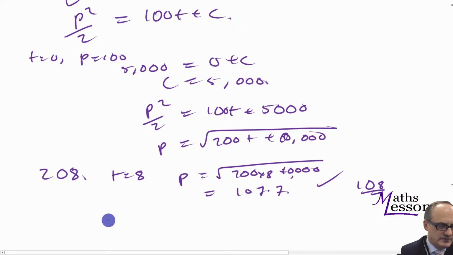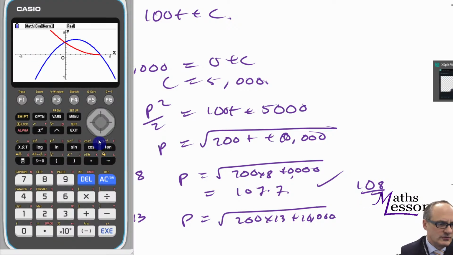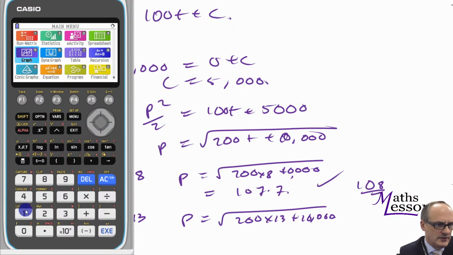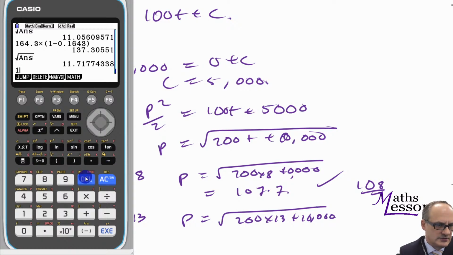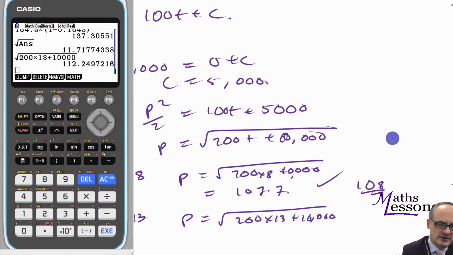Now for 2013, we've got t equals 13, P equals the square root of 200 times 13 plus 10,000. I'm going to get my calculator out to check, because I wasn't sure my answer was correct. Square root of 200 times 13 plus 10,000 gives 112.2, so I did get it right the first time.